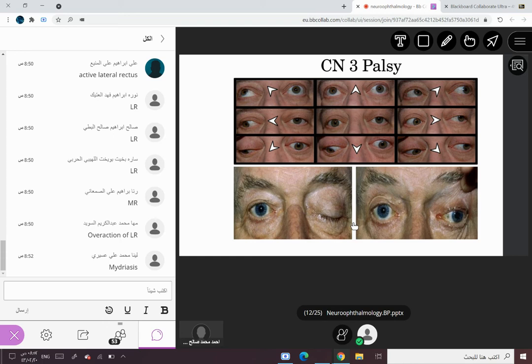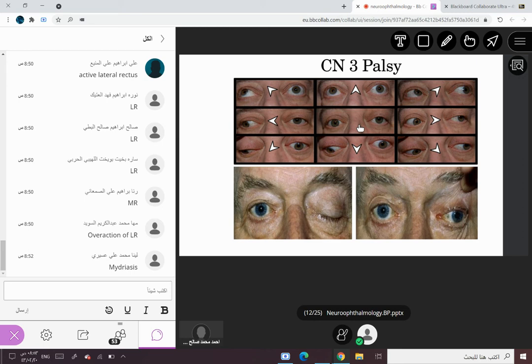These signs are not always typical in all patients. We might have complete or incomplete third cranial nerve palsy. It's not necessary to find all the typical signs there.